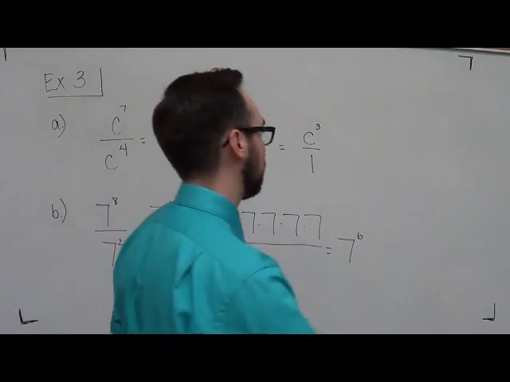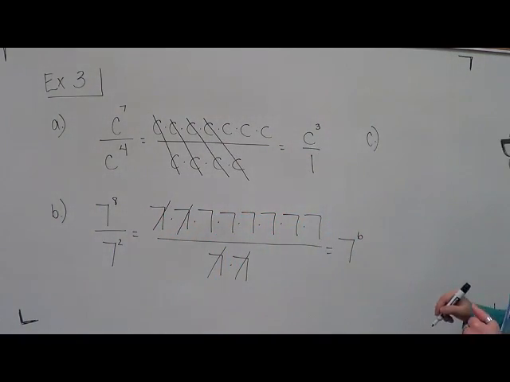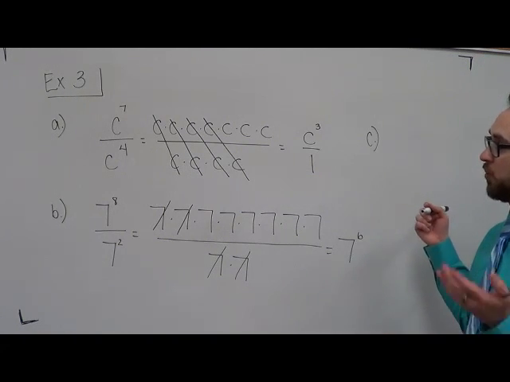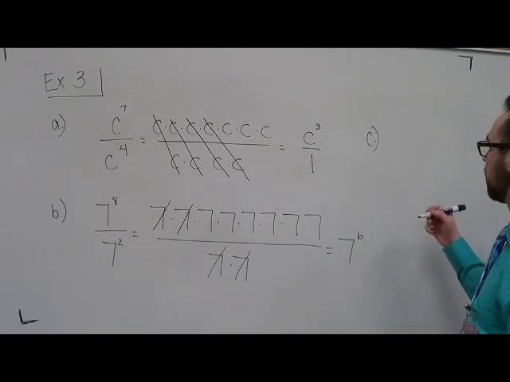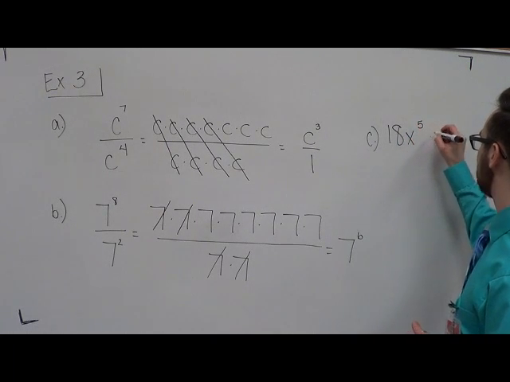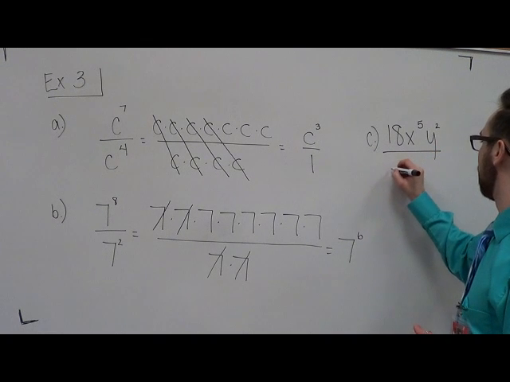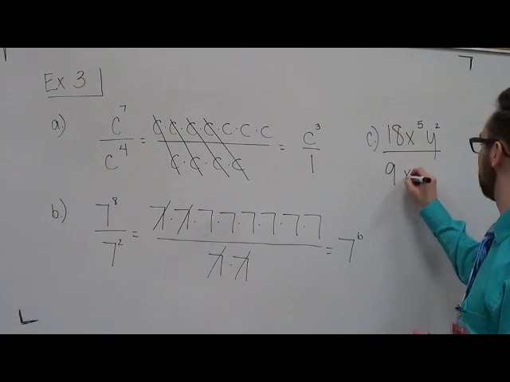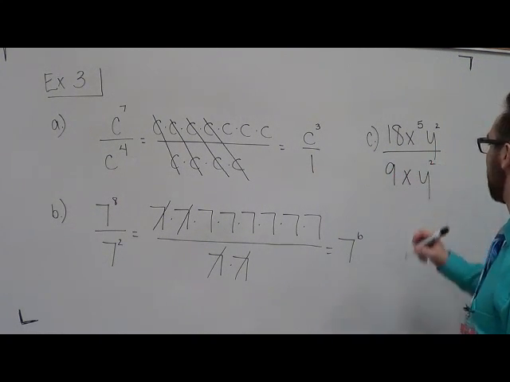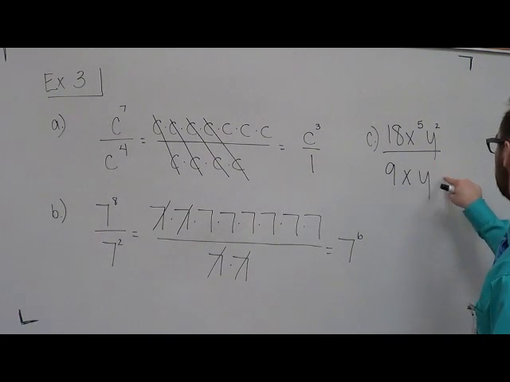And again, this can also work, so I'll squeeze this last piece in over here on the side. This can work if you have both numbers and variables on top and bottom. So if I have 18x to the 5th y squared all over 9xy squared. Actually, let's just make that y. So 9xy.